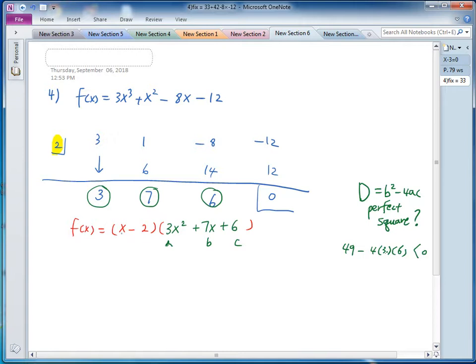So I found one solution, right? What is that solution? 2 will be a positive solution, right? Real solution? Yes, this is a real solution. From this quadratic part, what kind of solution do I have? I don't know.